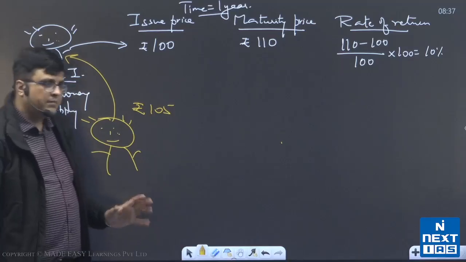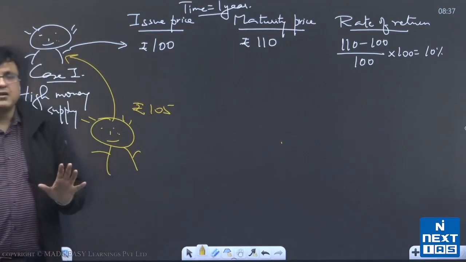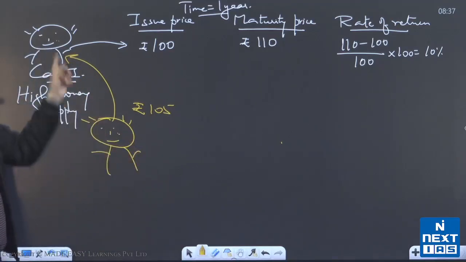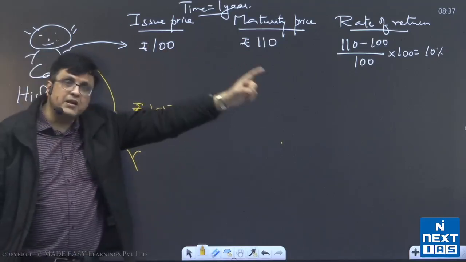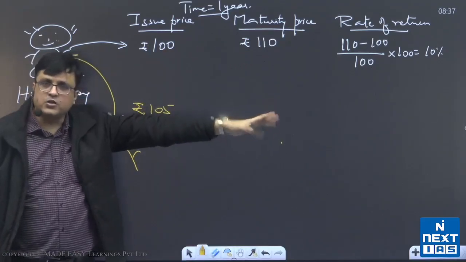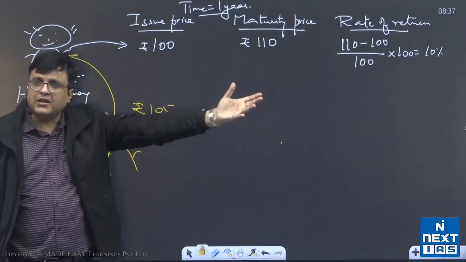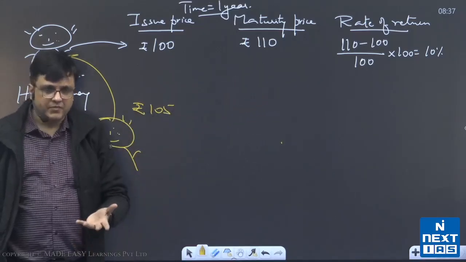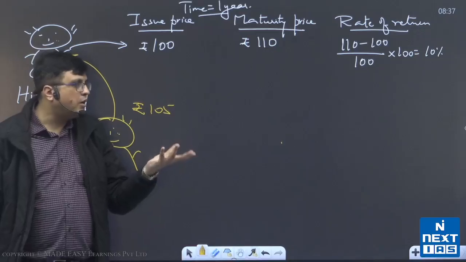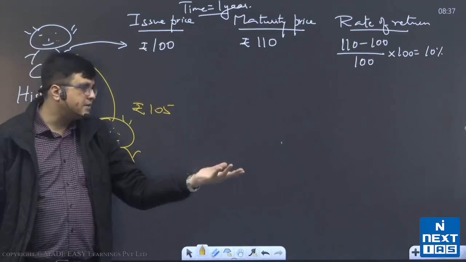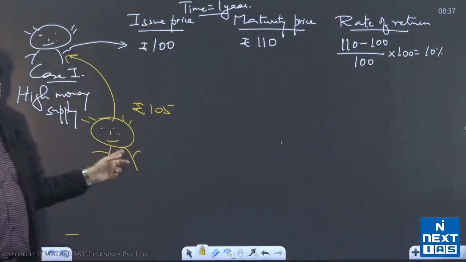All right? अब एक बात समझिएगा आप यहाँ. अगर आपके मन में आता है क्यों बेचेंगे ये, इनको तो 110 मिलेगा. इनको 110 एक साल बाद मिलने वाला है. The 110 is due 1 year later. The fellow is getting 105 immediately. You understand that? So that's a much higher rate of return. So say the person goes ahead and sells the bond. Why is this person buying the bond?